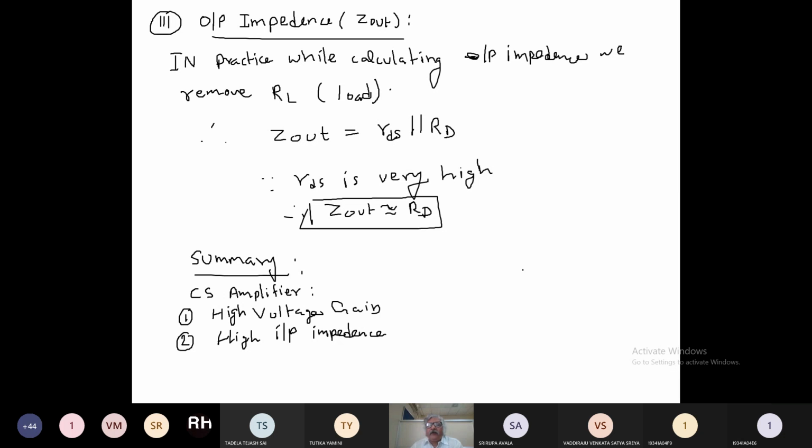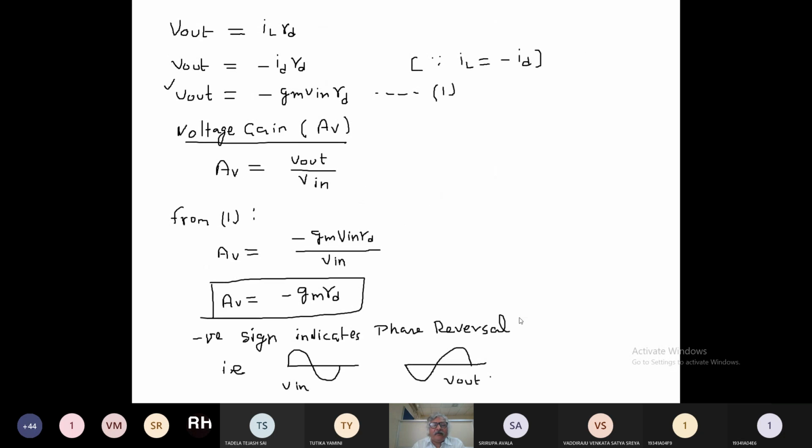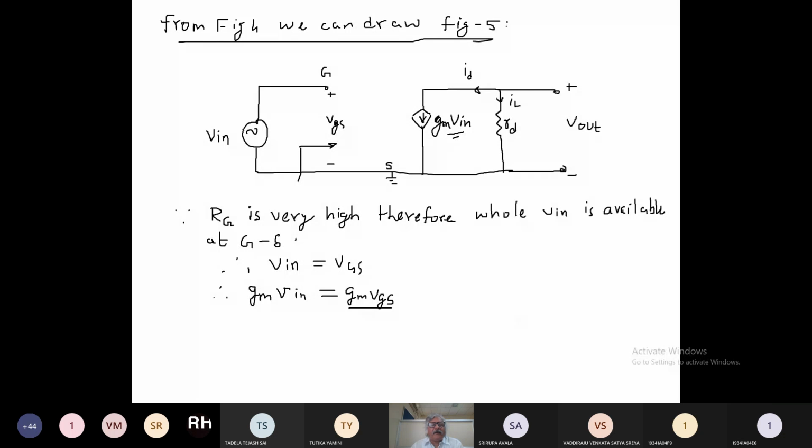See, if you are using an amplifier, then input impedance should be high, right? Why should it be high? Can anyone tell why the input impedance should be high for an amplifier? Because see here in this diagram, this is the source which you want to amplify, V in.